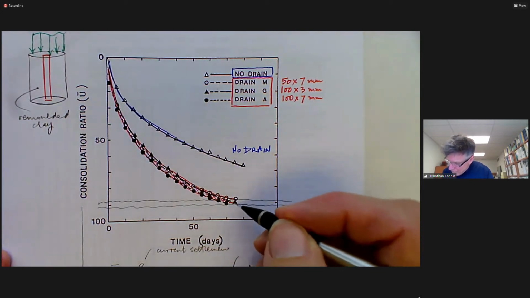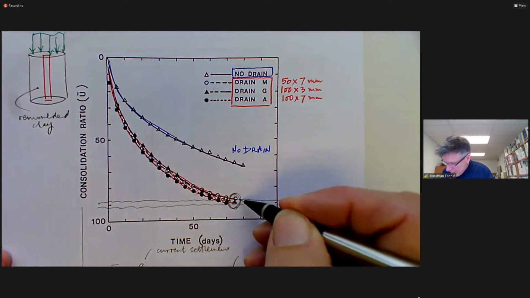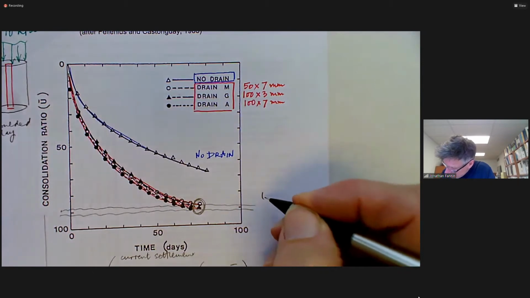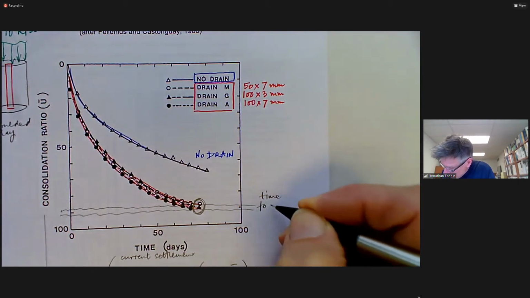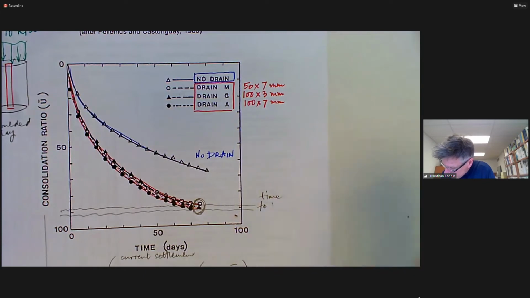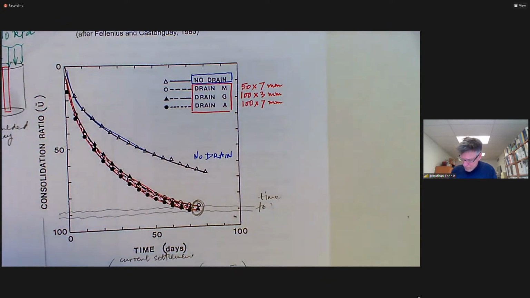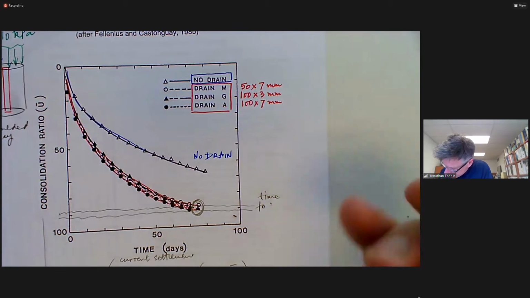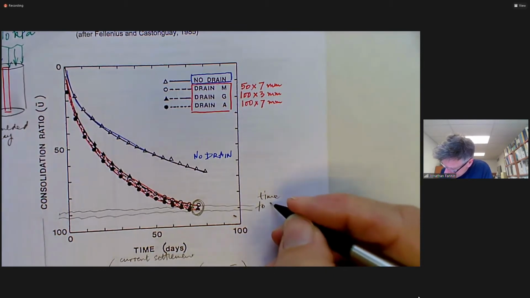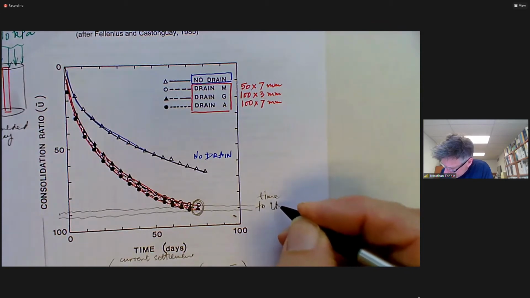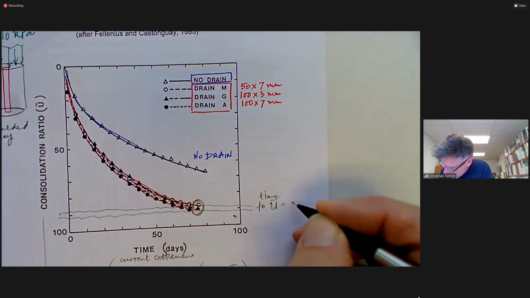This is often what we're looking at: the time to achieve U bar equals 0.9, or 90%.